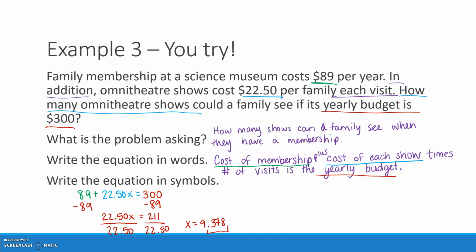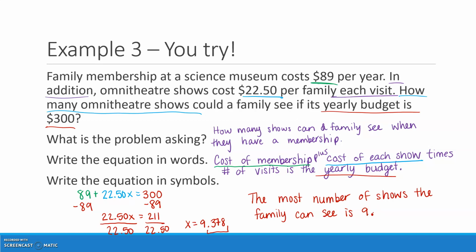So, without going over their budget, the most number of shows the family can see is 9. And that's it.